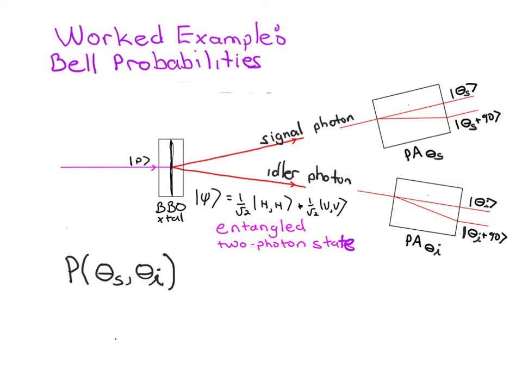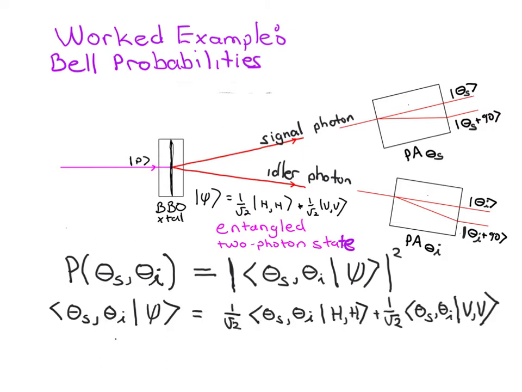So how do we calculate that probability? Well, as usual, the way we're going to do it is to calculate a certain probability amplitude, which is an inner product that looks like this, and that's in general going to be a complex number, and then we're going to take the magnitude of that quantity and square it, and that's going to give us this joint probability.